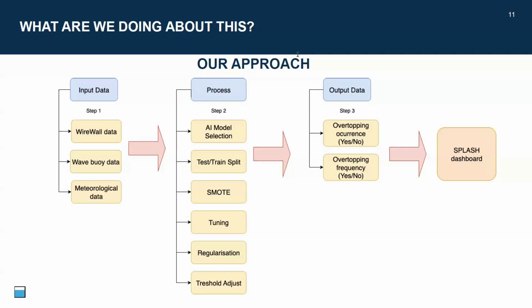Also, our wave, wind, and water level data was split into training, testing, and validation data sets. Since we have imbalanced data sets, because our overtopping events represent 6% of our total data while the remaining 94% represents the non-overtopping class, SMOTE was used to balance our data.